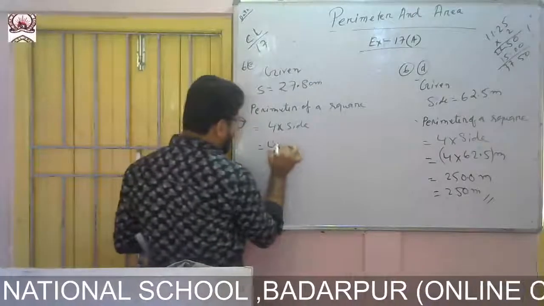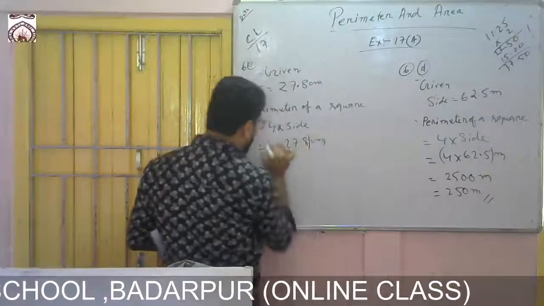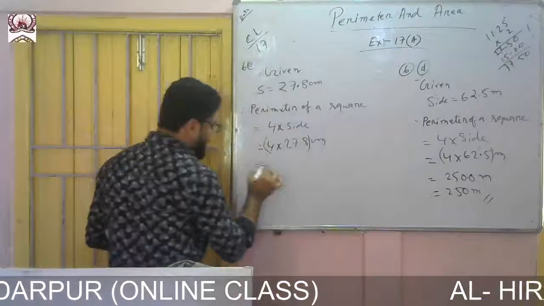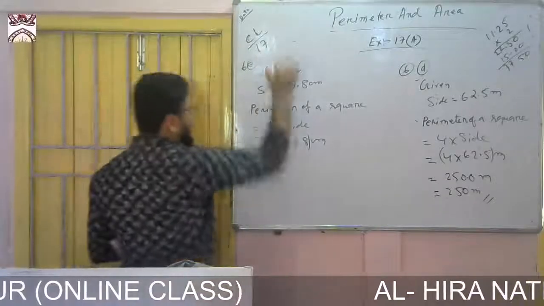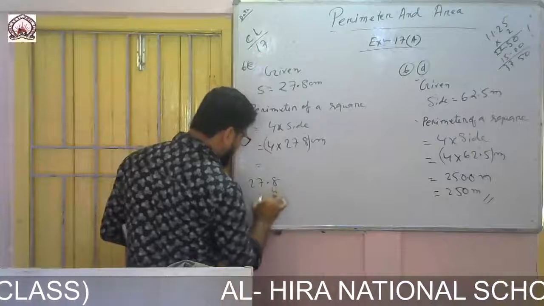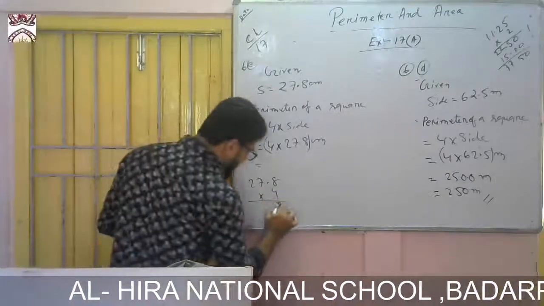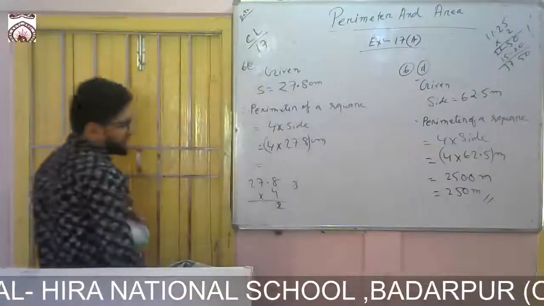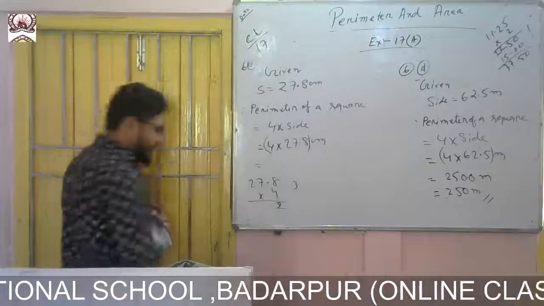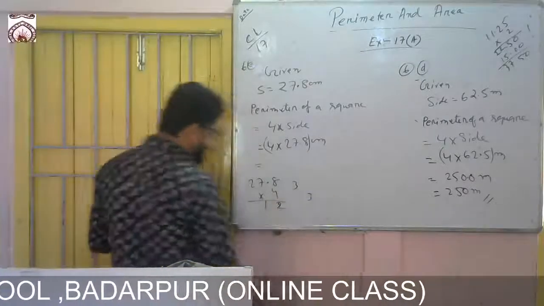So 4 into 27.8 centimeter. So multiply 27.8 into 4. So 4 8 are 32. 32 and 2 remain in hand 3. 7 4 are 28, 29, 30, 31, remain in hand 3.